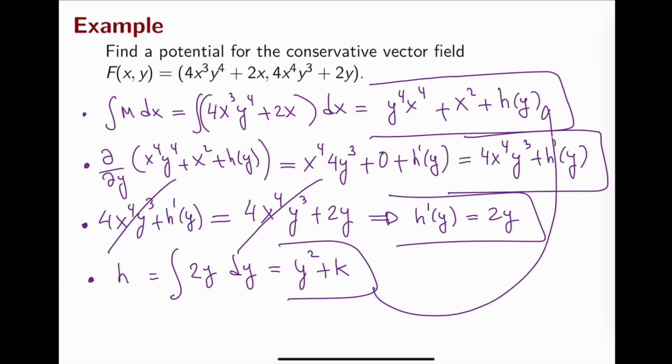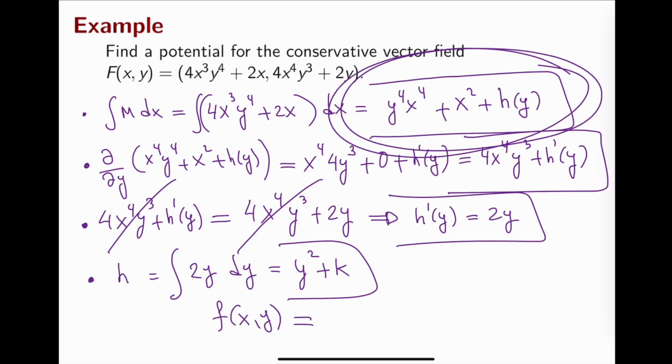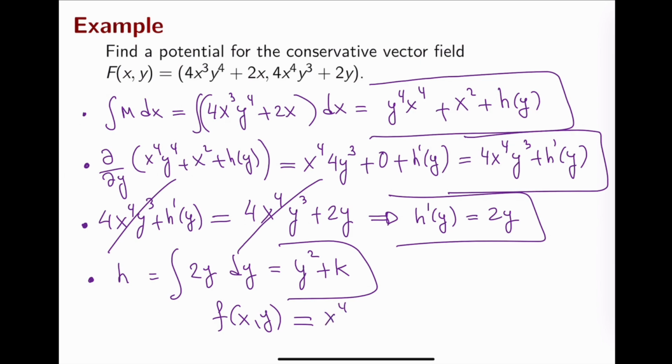Knowing how much h is, we come back here, and that will be the result of our potential function. So the potential function, f depending on x and y, is going to be this, which is x to the 4 y to the 4 plus x squared plus h. But h now is this, which is y squared plus k.